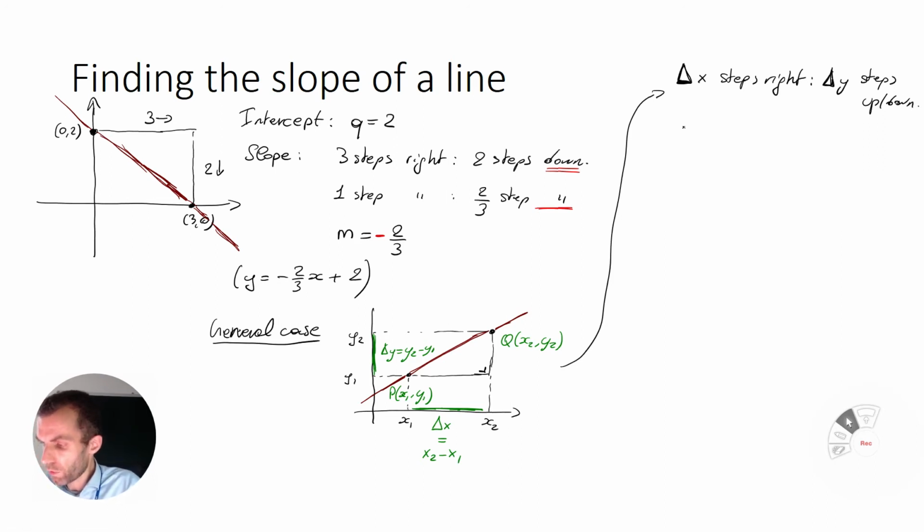And again, for one step right, that means that I have to go delta y divided by delta x steps up or down. And from that, it follows that the slope m is delta y by delta x.